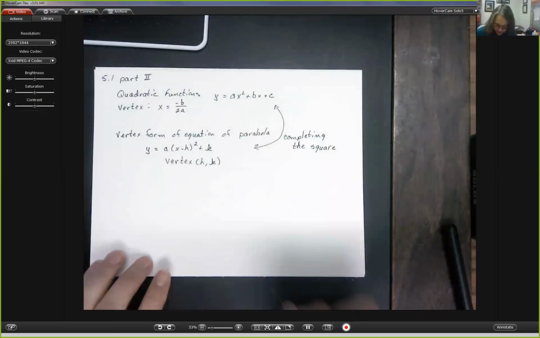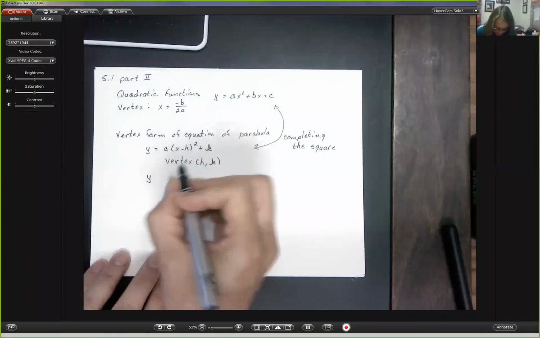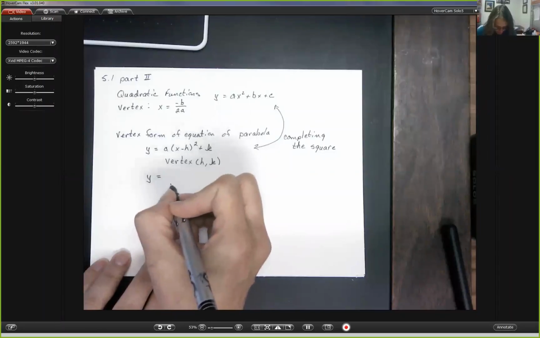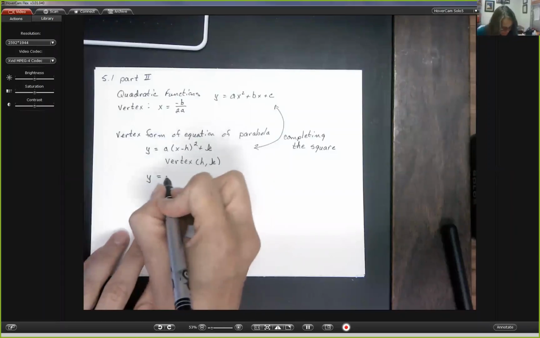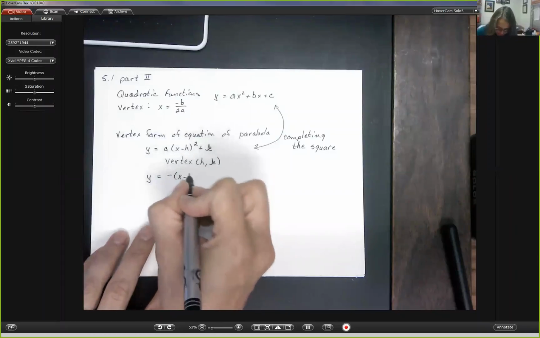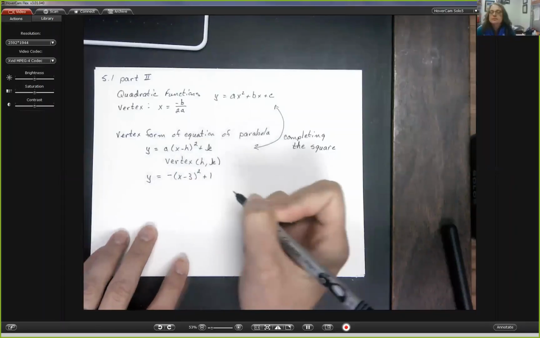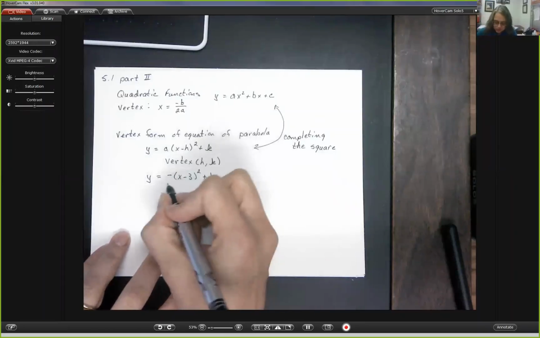Let me give you an example. If I have the quadratic equation y equals negative x minus 3 squared plus 1, we already know quite a few things about this.